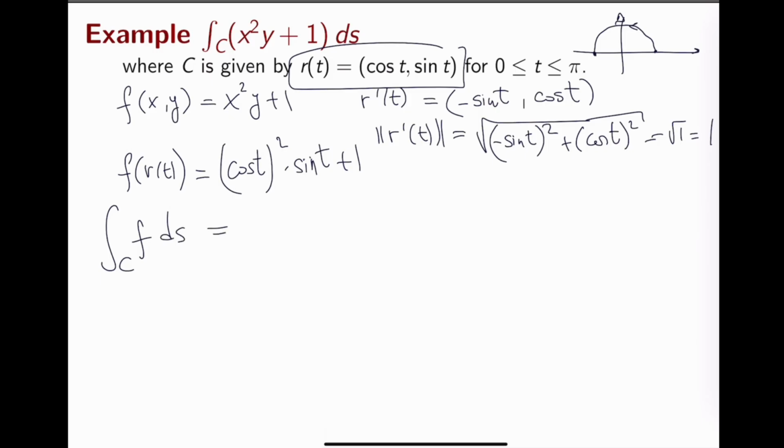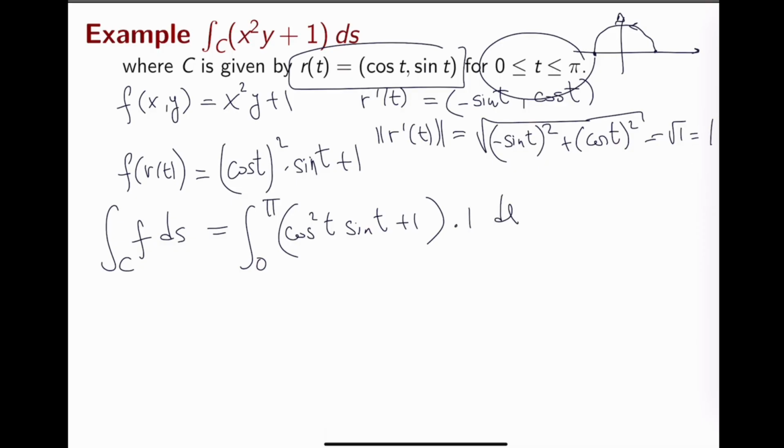So the line integral will be the integral from 0 to pi of this one here, which is cosine squared of t sine of t plus 1, times this one here, that in this case is just 1, and dt. Okay, so let's calculate this integral.